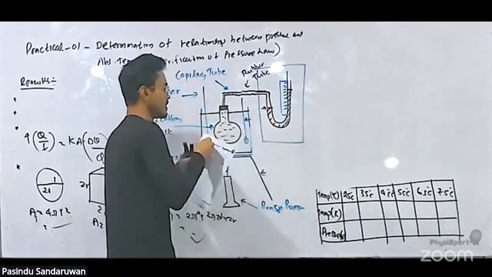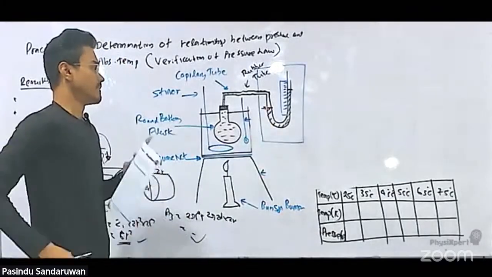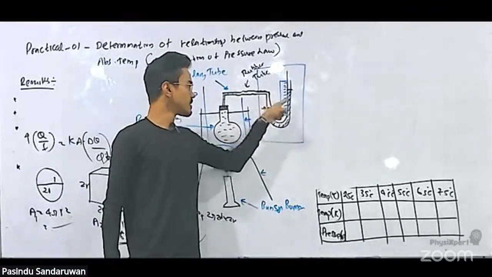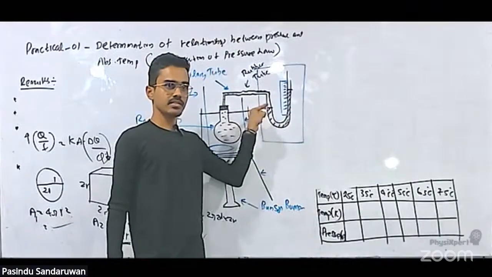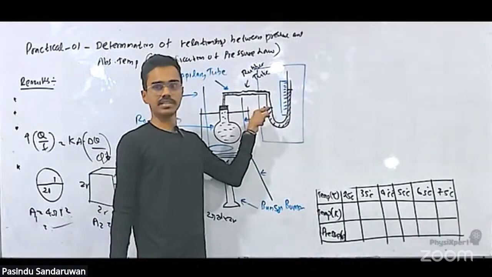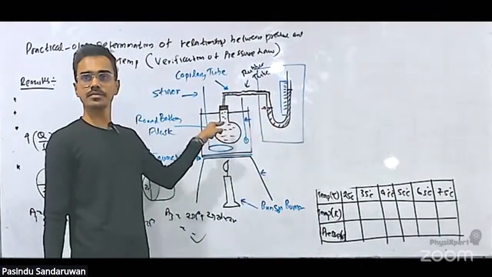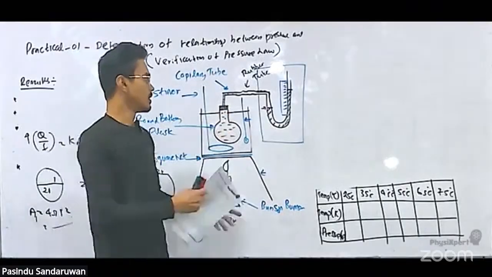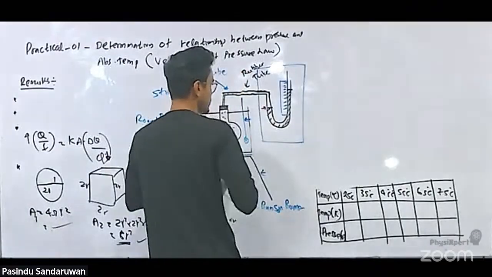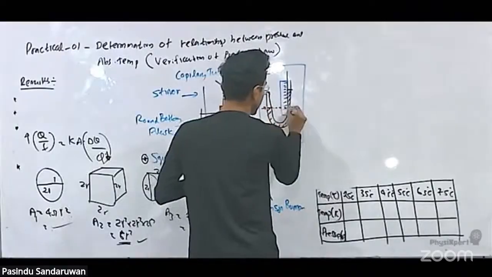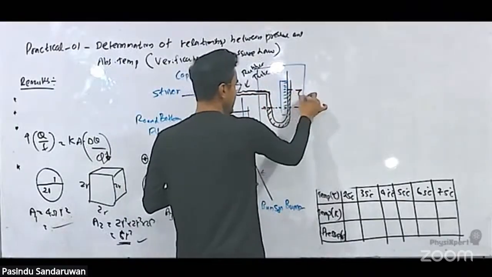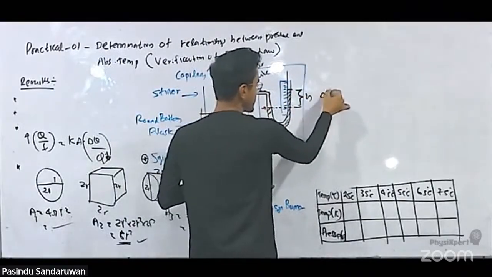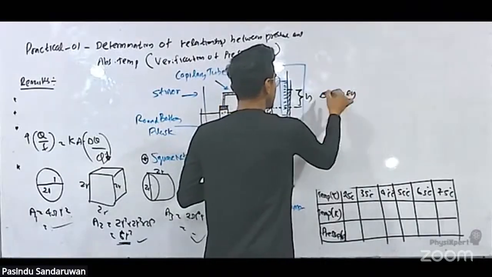Then, always when you take a measurement, we have to make sure that the surface of the mercury is at this mark. If it is at the mark, it means a constant volume is inside. To take the pressure reading, we have this height here, a scale. This is h. Then this pressure difference is h rho g.